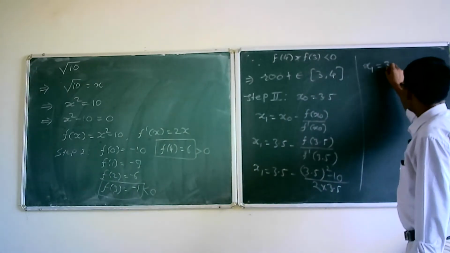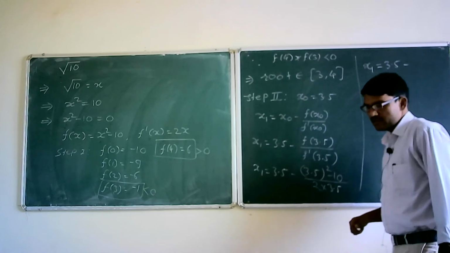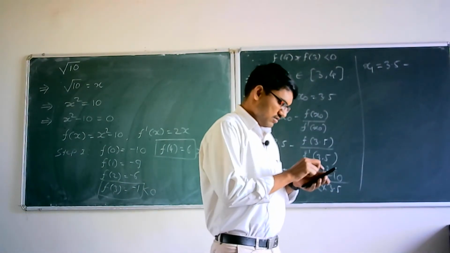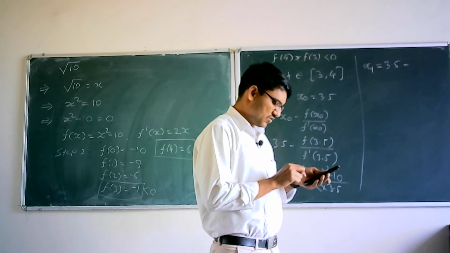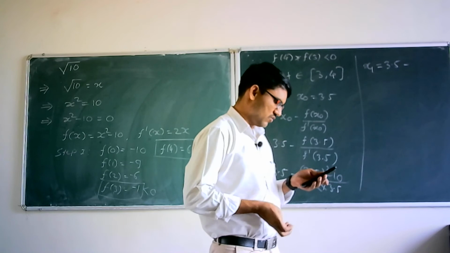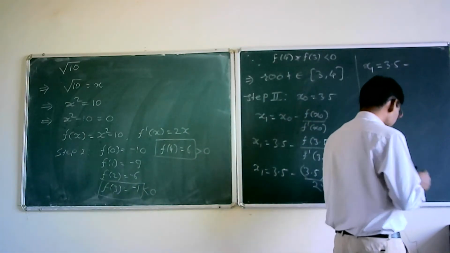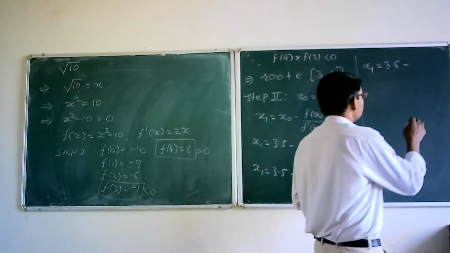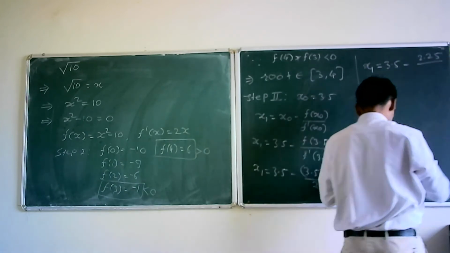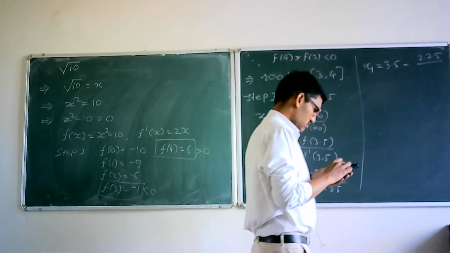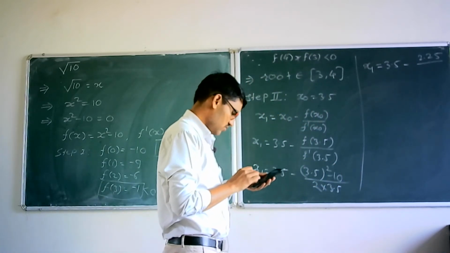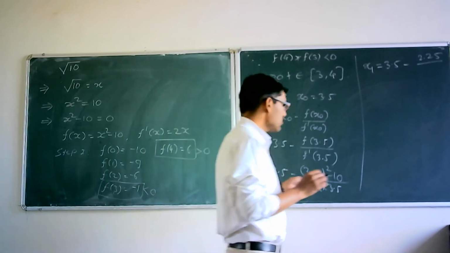If you solve this, you will get x1 is equal to 3.5 minus, using your calculator, 3.5 square minus 10 is equal to 2.25, divided by 2 into 3.5, which is 7.